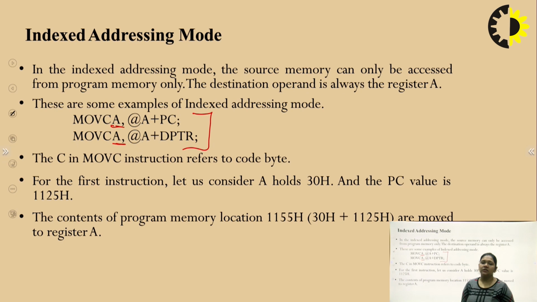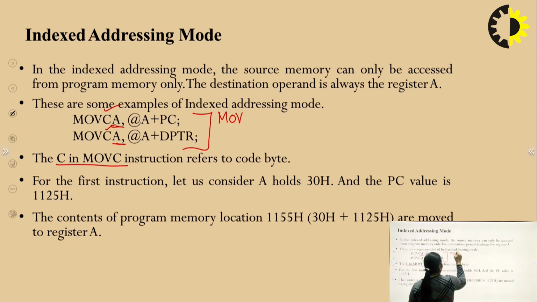The destination is fixed in the indexed addressing mode, so it is the accumulator, and the source can be the program counter or the data pointer. And here, in MOVC, one C is written here and one C is here. So it is MOVC. The instruction is MOVC A, @A+PC.